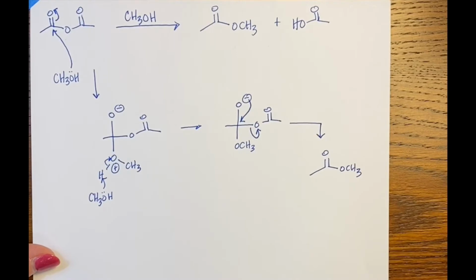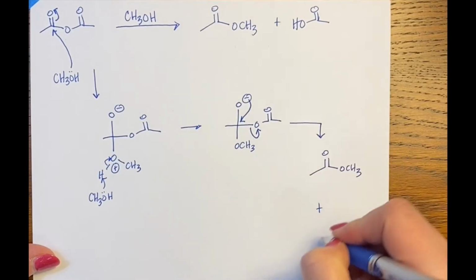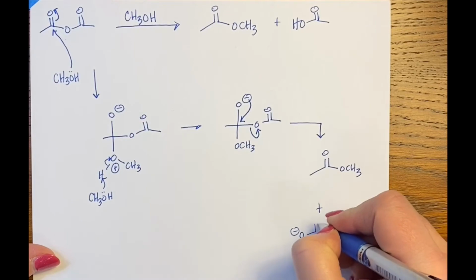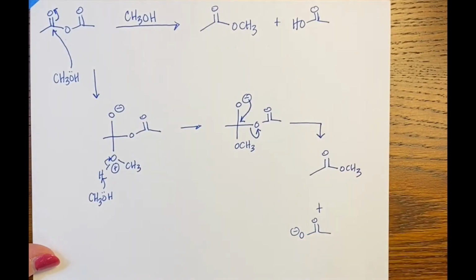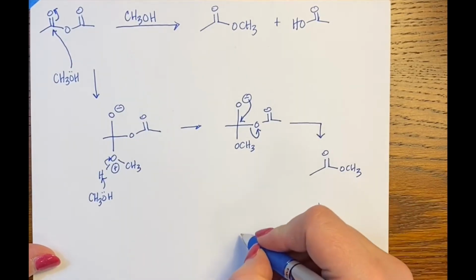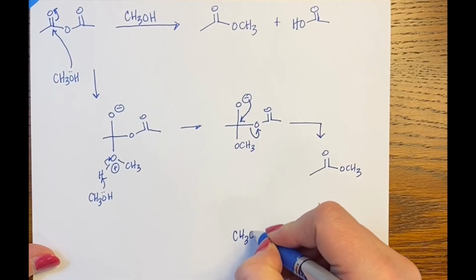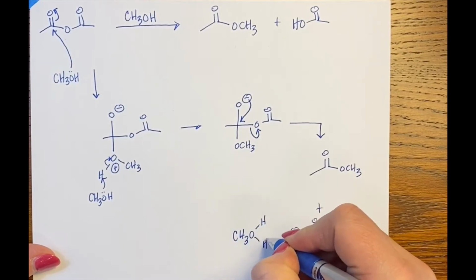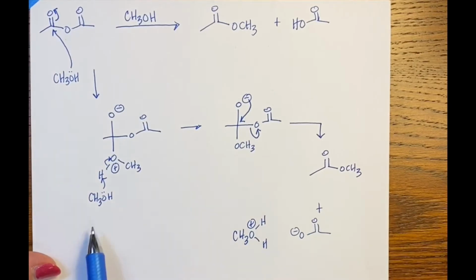The second product that I'm going to get out of this reaction is a carboxylate ion. This carboxylate ion can react with that molecule of methanol that we used previously to remove the proton over here.